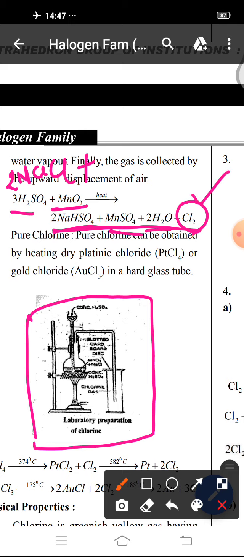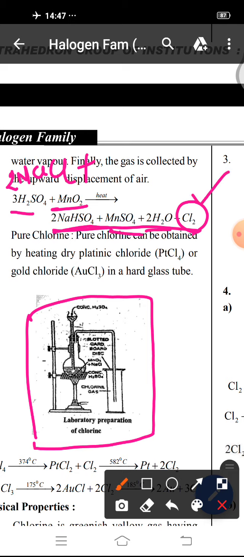In a round bottom flask, MnO2 and NaCl are taken. To this round bottom flask, one thistle funnel is added, one delivery tube is added, and the delivery tube is open in the gas jar.